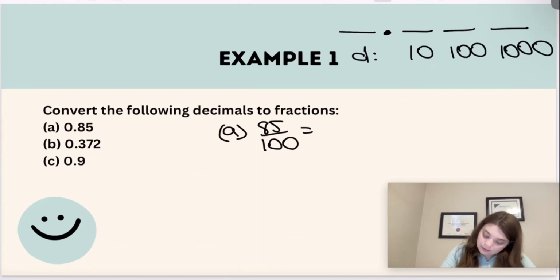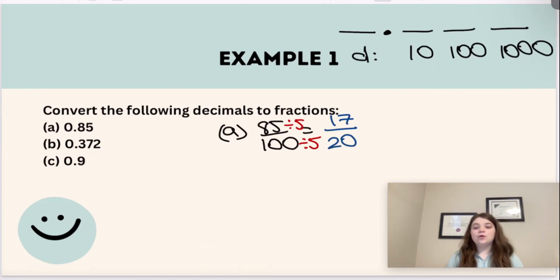So I'm going to divide both of these by 5. 85 divided by 5 is 17, and 100 divided by 5 is 20. So 17 over 20 is the reduced fraction answer. This cannot be reduced further because 17 and 20 do not have any common factors other than 1.